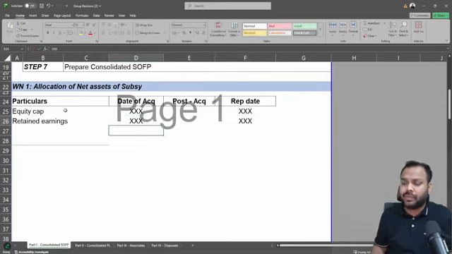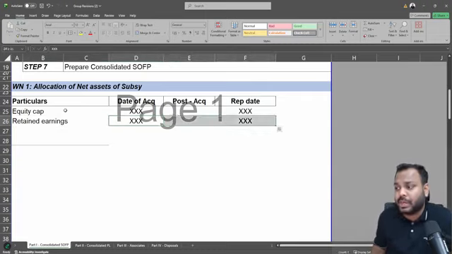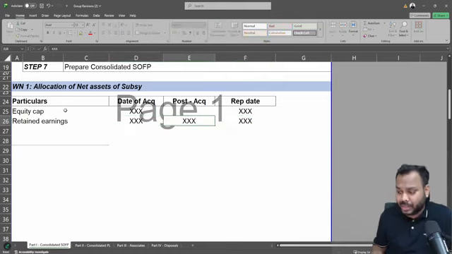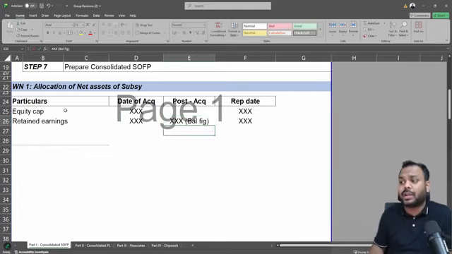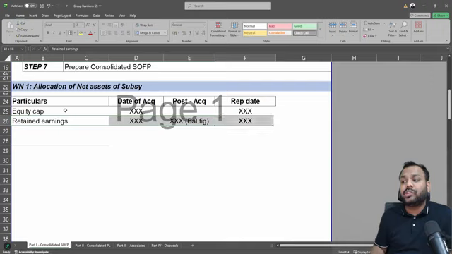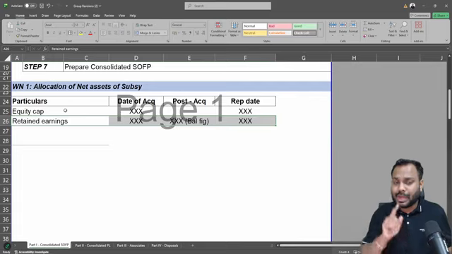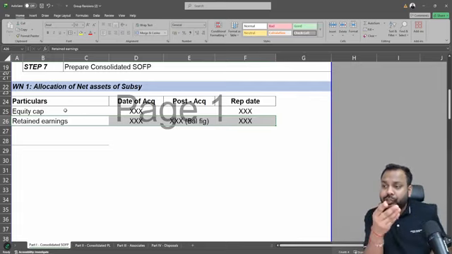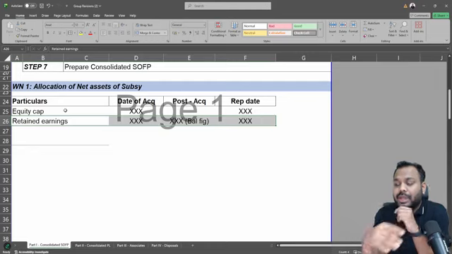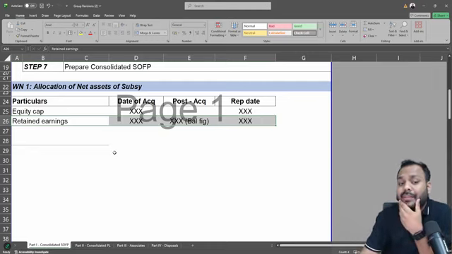Now understand one thing, the retained earnings from date of acquisition to reporting date, this will be a balancing figure. So this balancing figure is called what? It is called post acquisition profits. Now understand. The question might say that the subsidiary has paid a dividend in the post acquisition period.